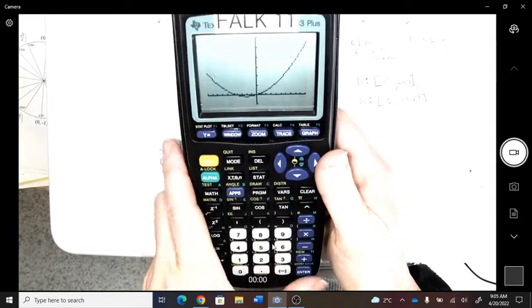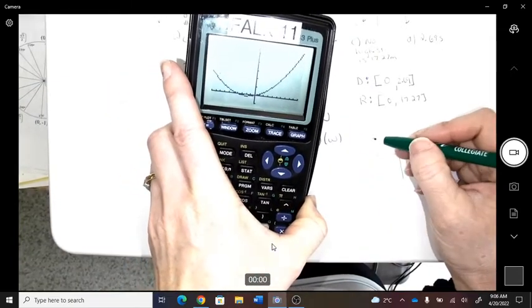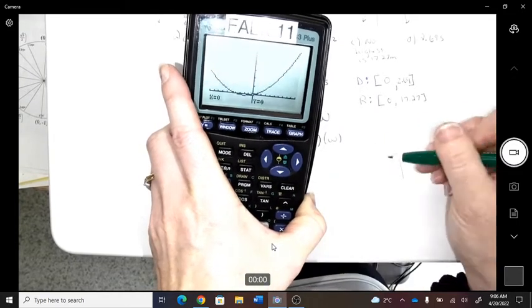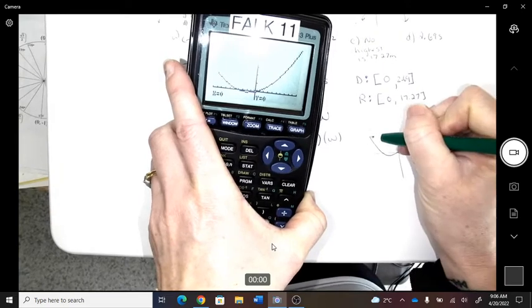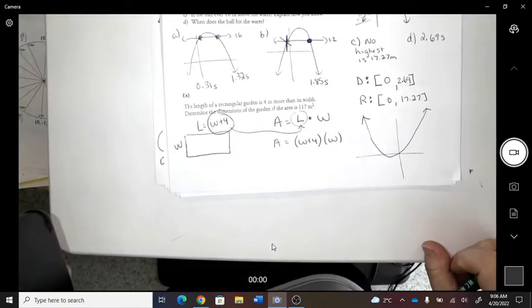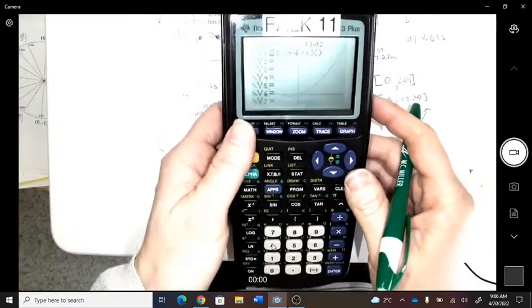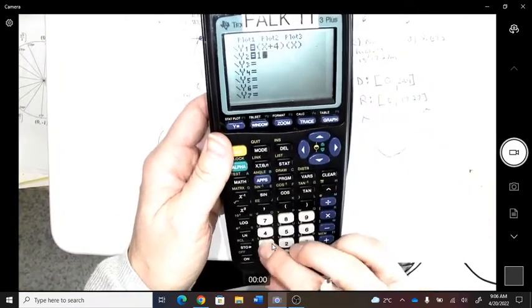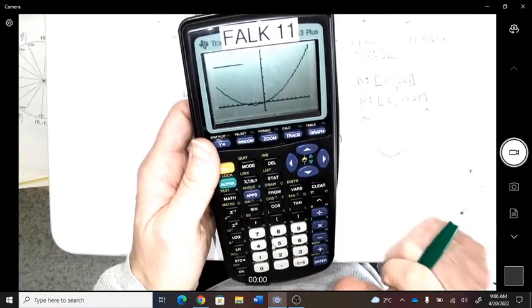Okay, not bad. Okay, my goal is to get an area of 117. So I'm going to go y2 and make the area 117 on the y2 graph.